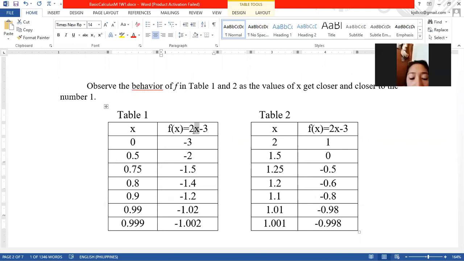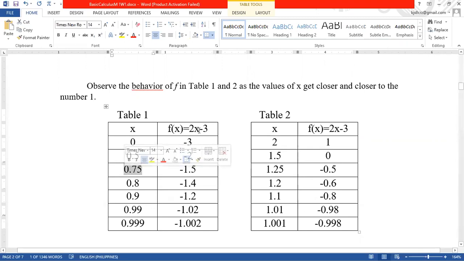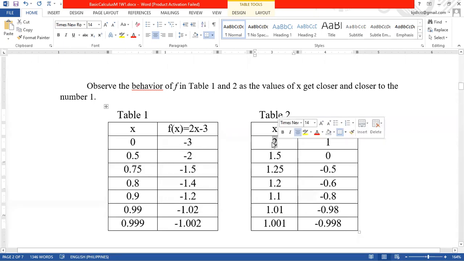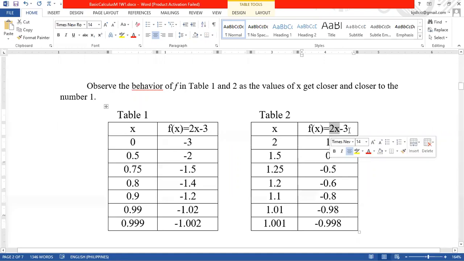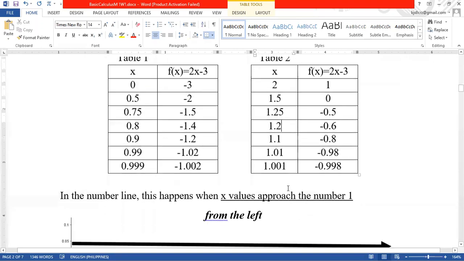Minus 3 is negative 2. And so 0.75, substitute na to ang value again. So we have here 1.5 and so on. Here also sa table 2, substitute the value of x which is 2 to the equation. So 2 times 2, 4, minus 3 is 1. And same process, paingon sa ubos.